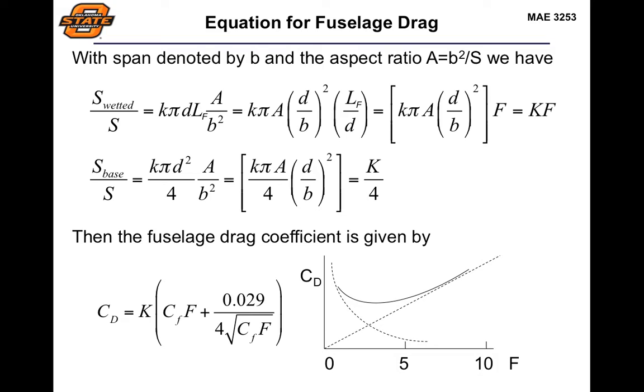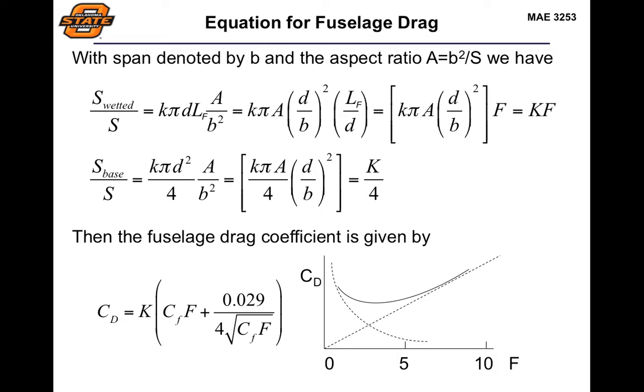Now what you end up with then is a fuselage drag equation that says your friction drag is going to increase as F gets larger, so you have a friction drag component here, and then your base pressure drag is going to be decreased as F gets larger, so it goes as 1 over the square root of F. And so that means as one drag component gets bigger, the other drag component gets smaller. So when you add these two up, obviously you end up with a minimum somewhere in the middle.